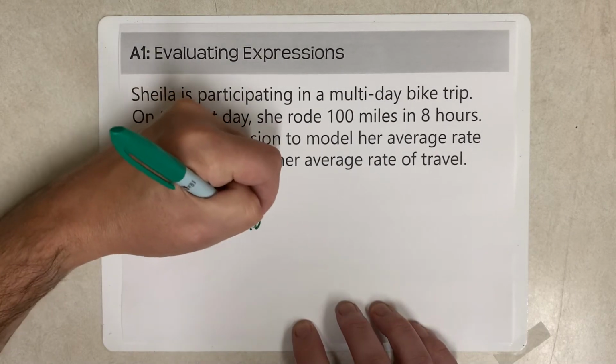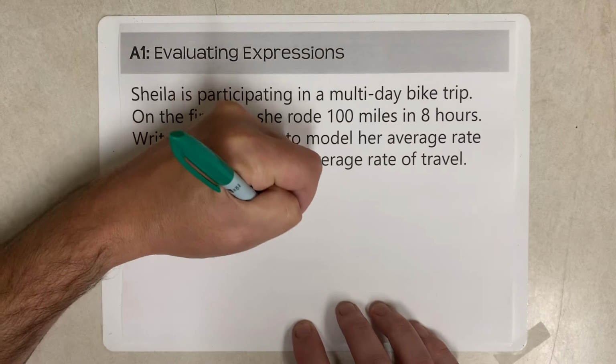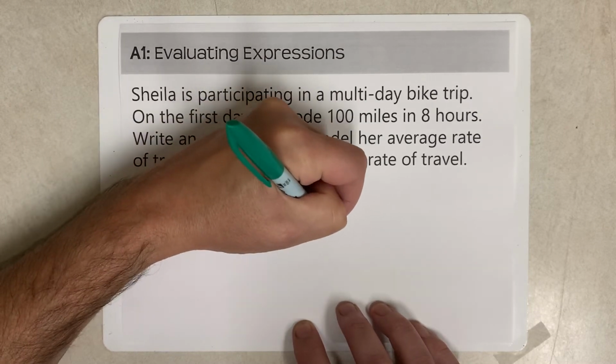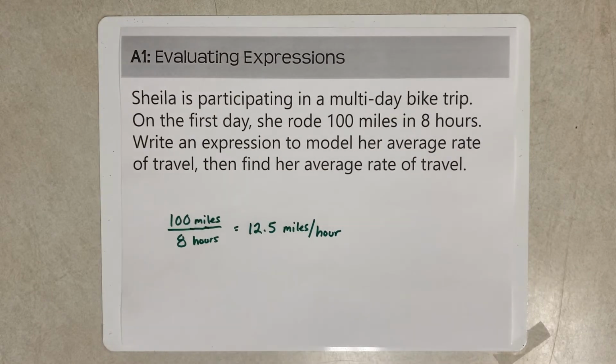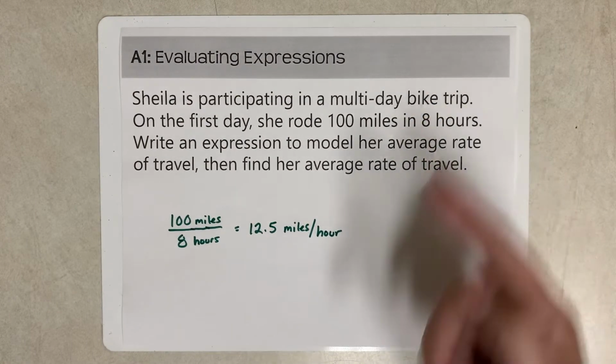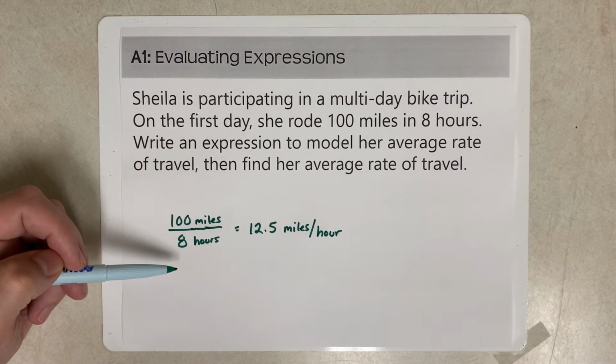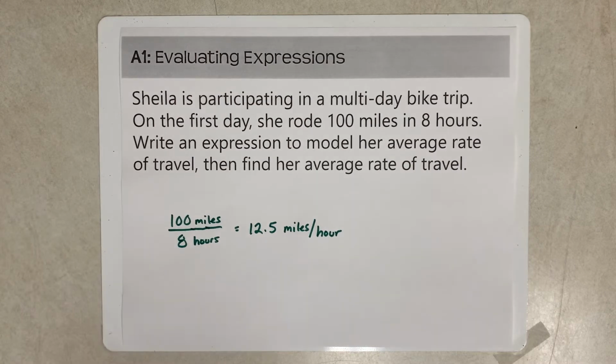So 12.5 miles per hour. Okay, and that is a reasonable answer for a bike trip because 12.5 miles per hour isn't that fast, but it's pretty fast for a bike, not for a car. And so this one, what you had to do is actually write the expression, and then you had to simplify it. So just a little word problem to throw in there.